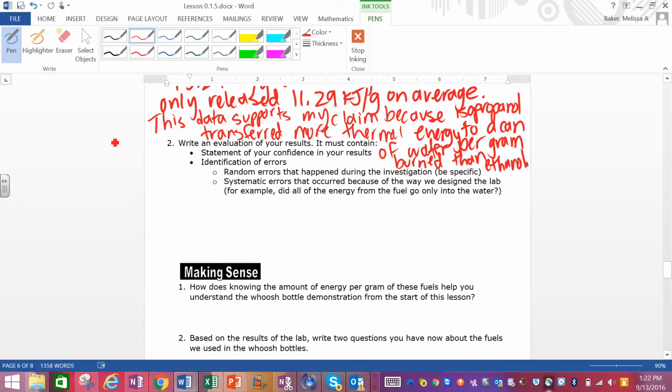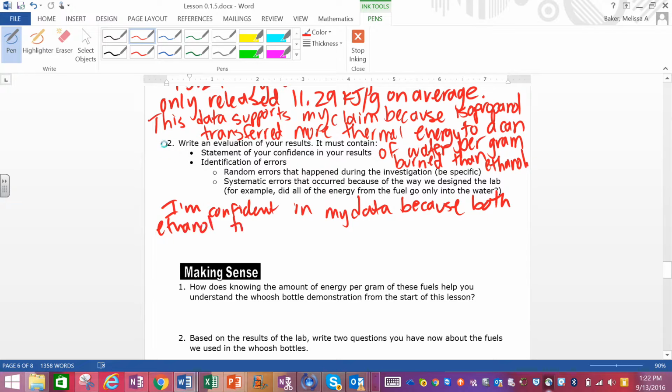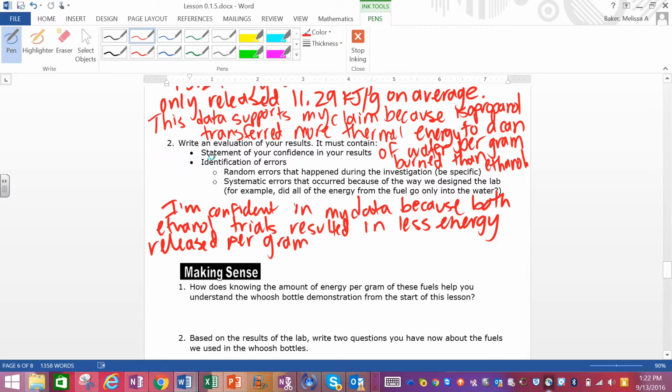So whatever you want to say there, I'm going to say I'm confident in my data because both ethanol trials resulted in less energy released per gram than isopropanol.